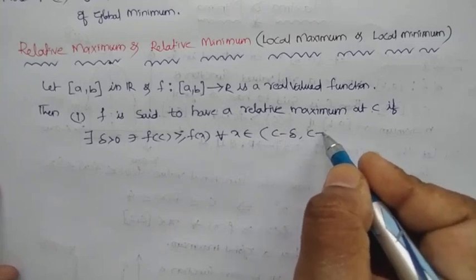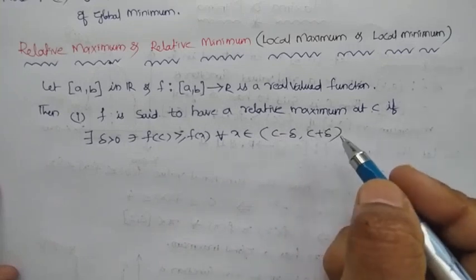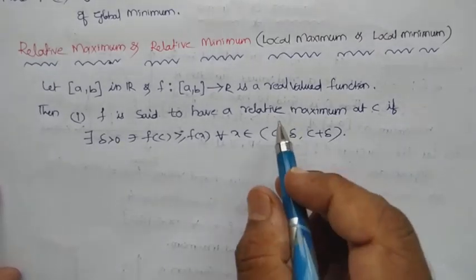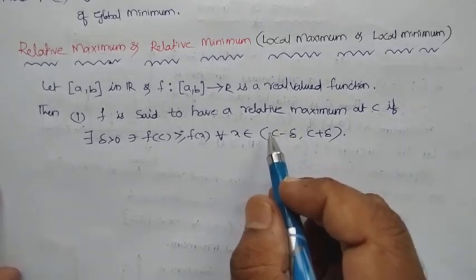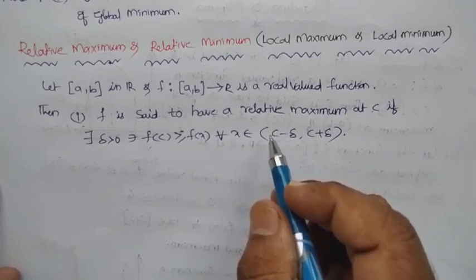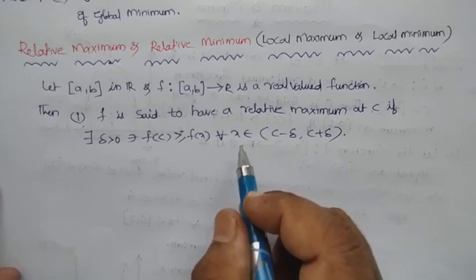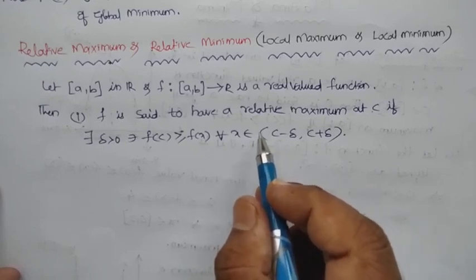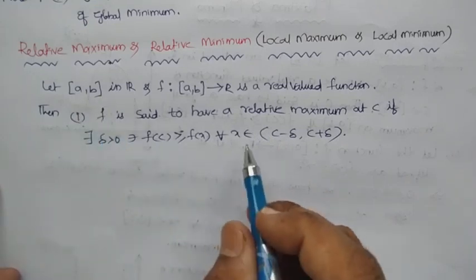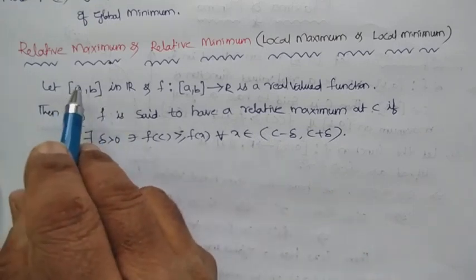Here, whenever a function has a global maximum, x belongs to the defined interval a comma b, meaning x may be any value from a to b.